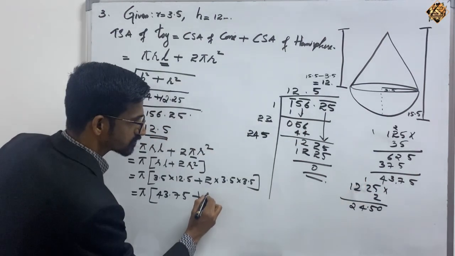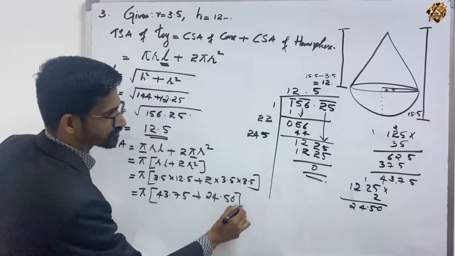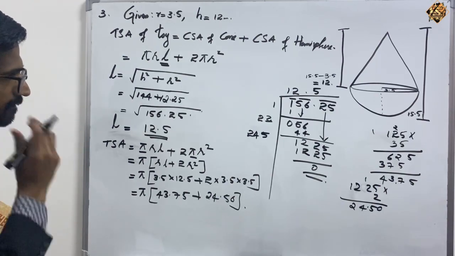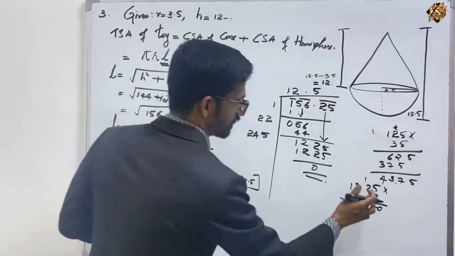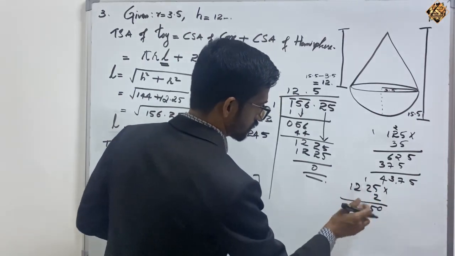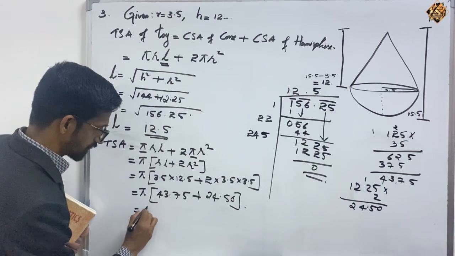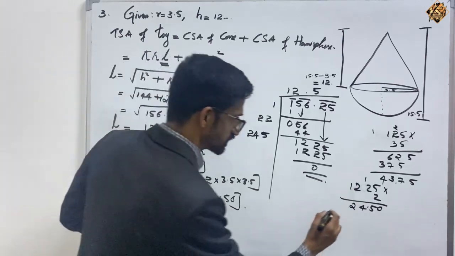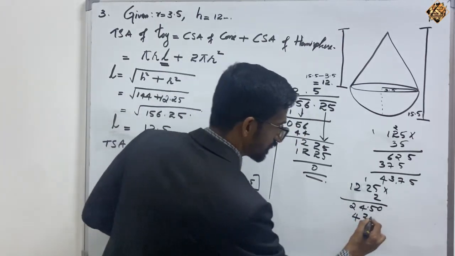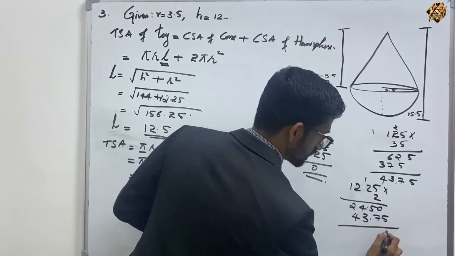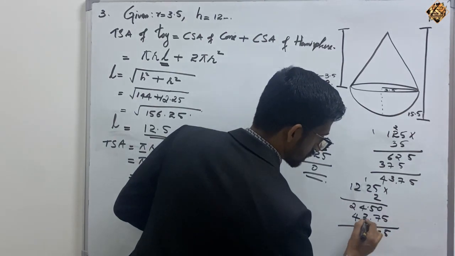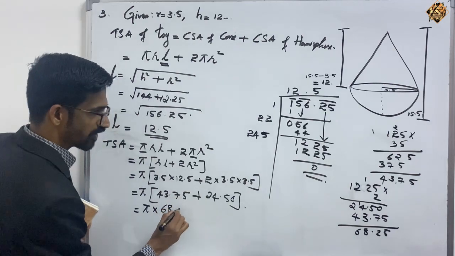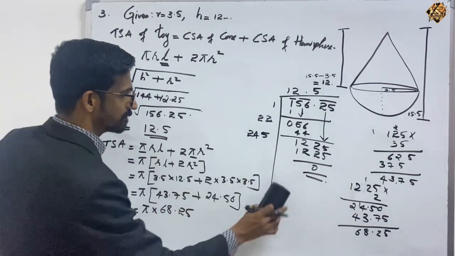So that will give us 24.50. Now we will add this: 43.75 plus 24.50, which is 68.25.